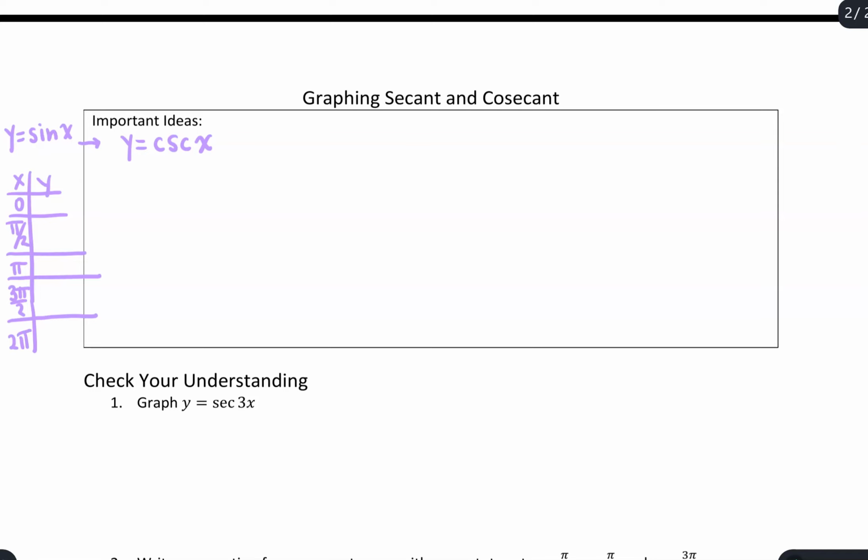Okay, so let's think about sine. So sine of 0 is what? Is 0. So cosecant of 0 is going to be what? Undefined. Sine of pi over 2 is a 1. Cosecant of pi over 2 is going to be a 1. Sine of pi is 0. Cosecant of pi will be what? Undefined. Cosecant of 3 pi over 2 will be a what? -1. And then cosecant of 2 pi will be undefined.